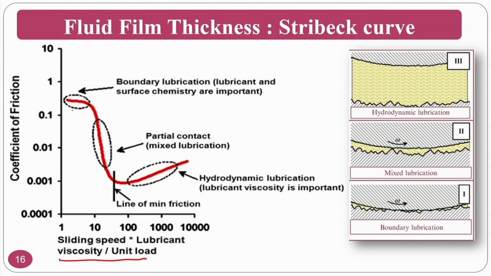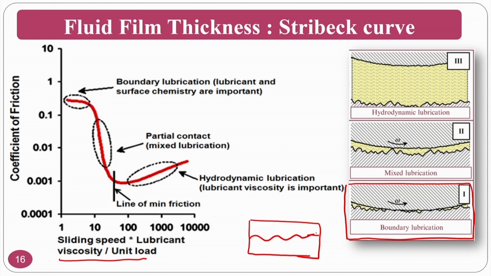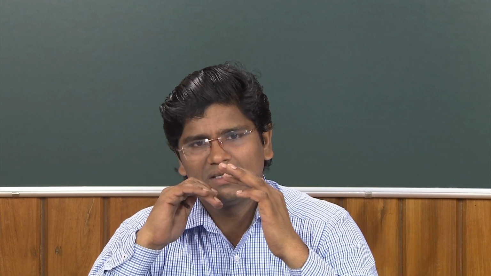Boundary lubrication means, if you see here, this particular image shows the boundary lubrication. That means it will have physical contact between both surfaces. So assume you have an abrasive grinding wheel and at the same time you have the workpiece. The contact region between the abrasive particle and the workpiece is nothing but the boundary lubrication.